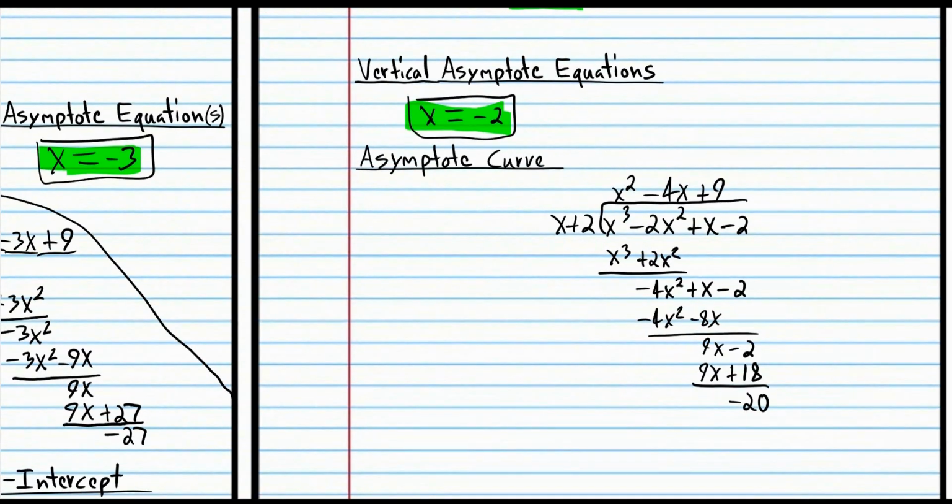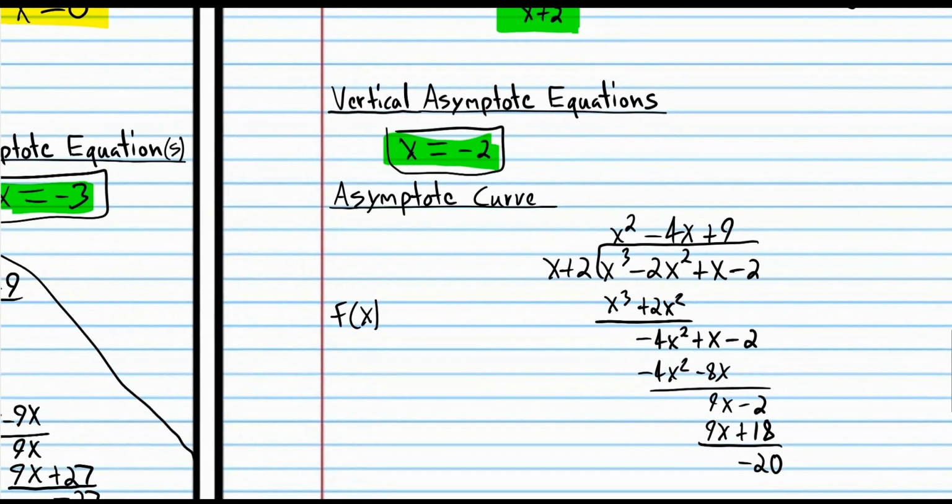Okay, so now our reduced form of the function, and we can call it f of x because there were no holes that we had to worry about. So we have x squared minus 4x plus 9 minus 20 over x plus 2.